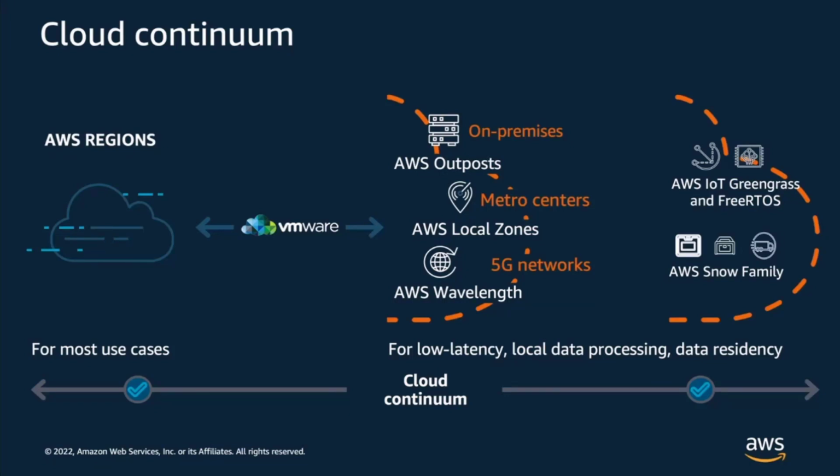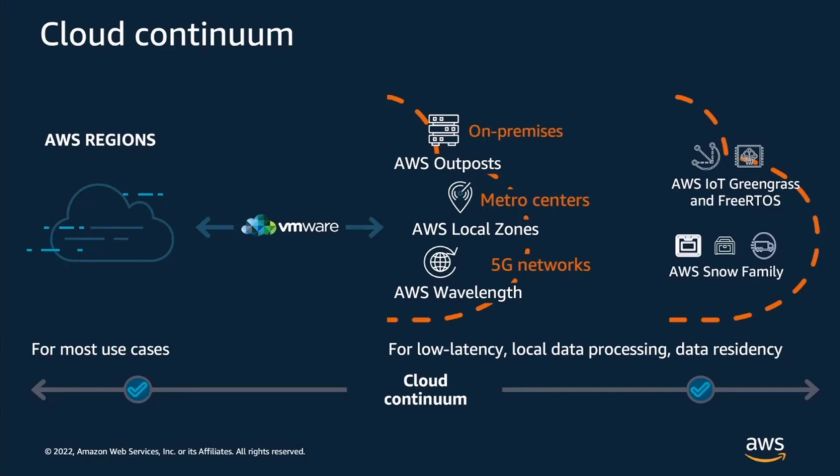It's when you find yourself in the very real scenarios of either way out at the edge, where we're talking about IoT and maybe Greengrass, or in rugged locations where we might be talking about the Snow family. If we're also in a disconnected scenario there, we might be talking about that. But I want to zoom in and double click on really the center of this slide, where we have the Outposts and Local Zones and Wavelength offerings.